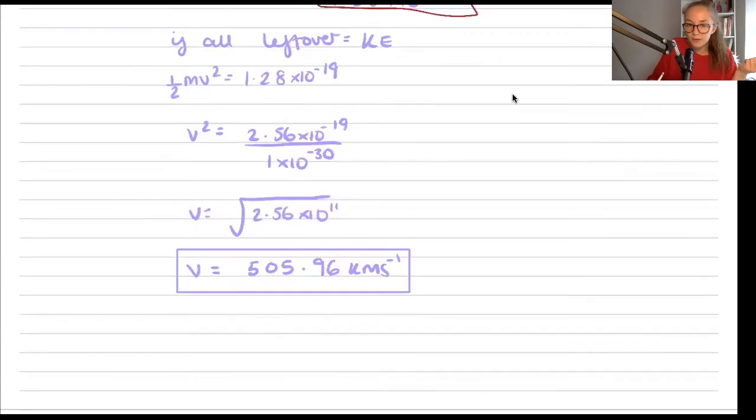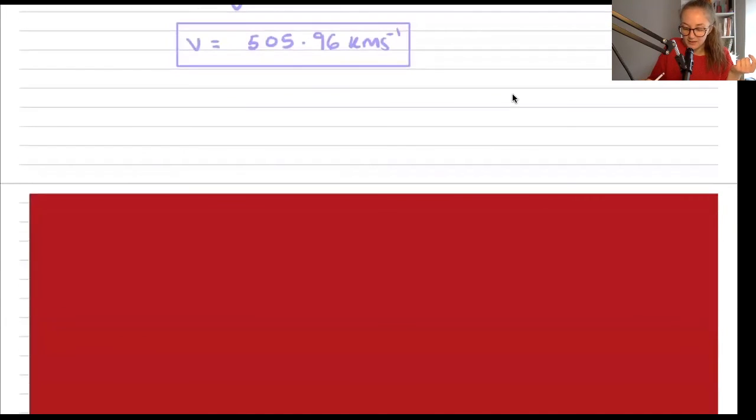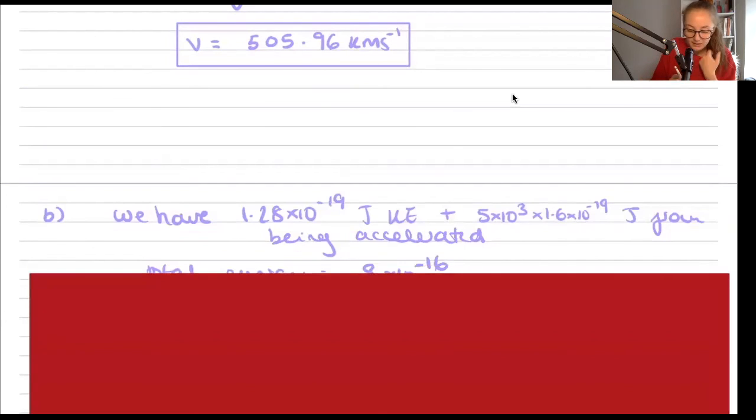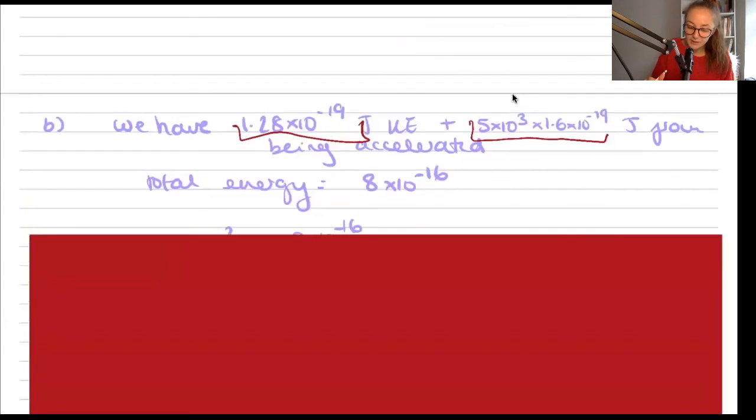And then we also have an energy put in from accelerating. So this is our 1.28 times 10 to the minus 19 joules here, plus this 5 kilo electron volts, or 5 times 10 to the 3 times the charge of an electron. And that is our new total energy.